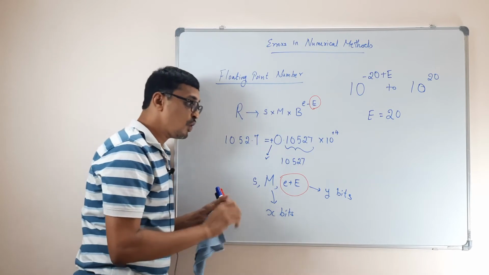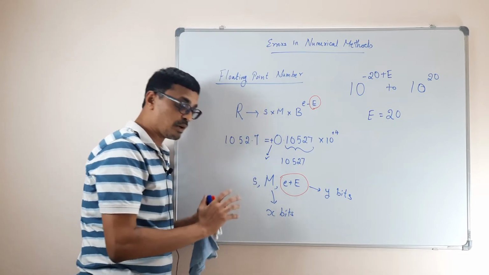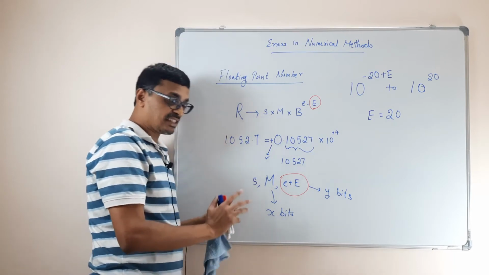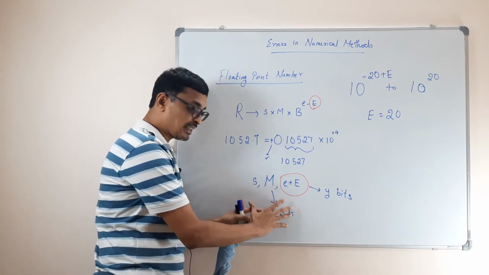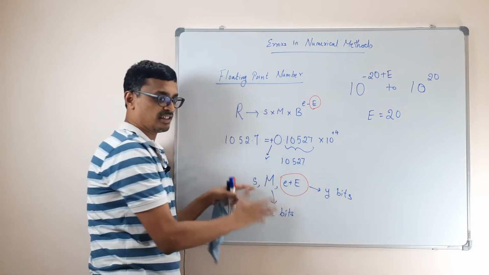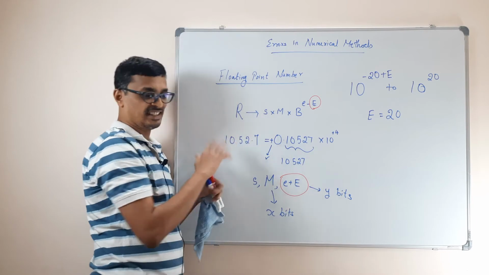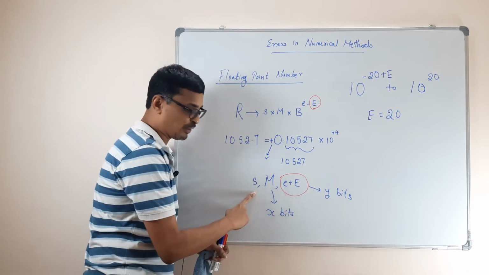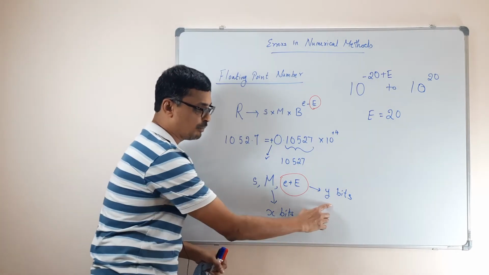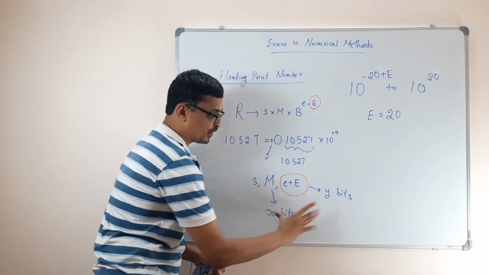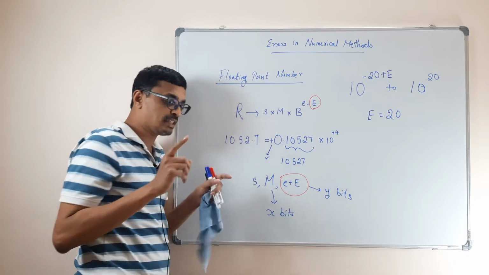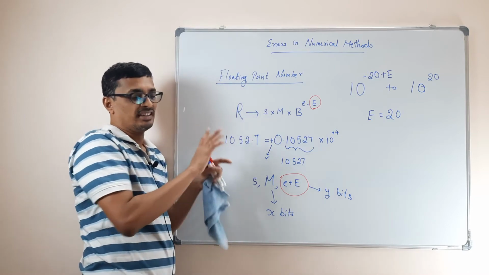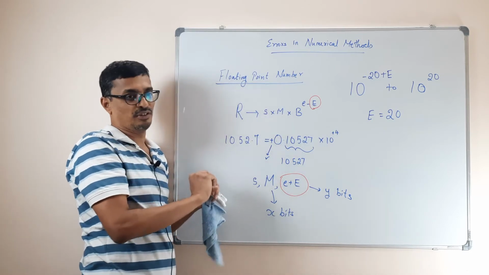I am asking what is the smallest number and the largest number that can be represented by this configuration in my computer. What decides that? Which is the quantity, x or y? Because the sign is only one bit, you can leave it out. Which quantity decides the maximum and the minimum number that can be represented in this configuration?